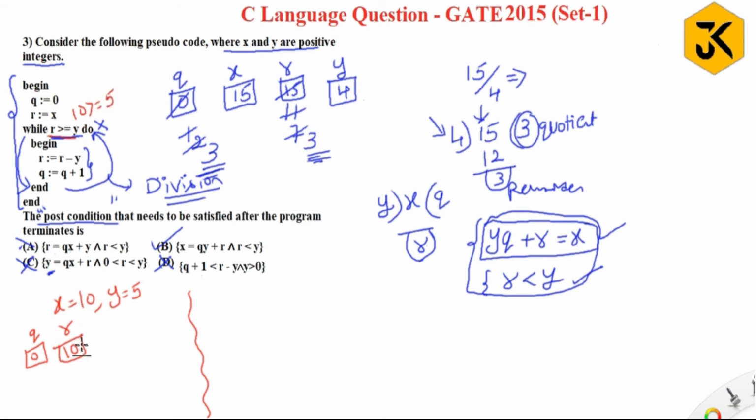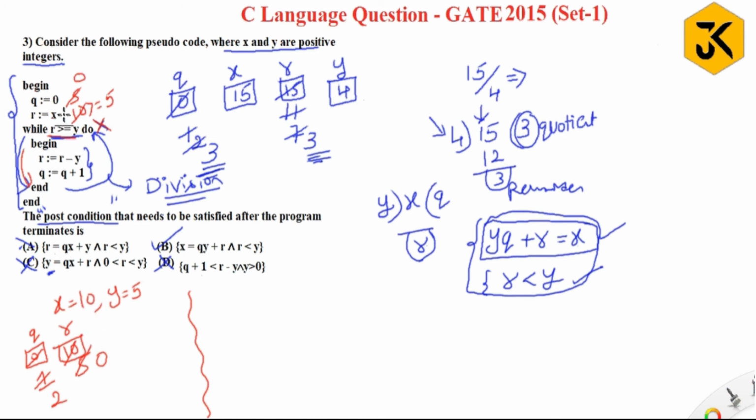Then r equal to r minus y, that is 5. q value will be incremented to 1. Now once again, 5 greater than or equal to 5, yes, r equal to r minus y, that is 0. Then q value will be 2. Now 0 greater than or equal to 5, the condition fails and we exit from the block.